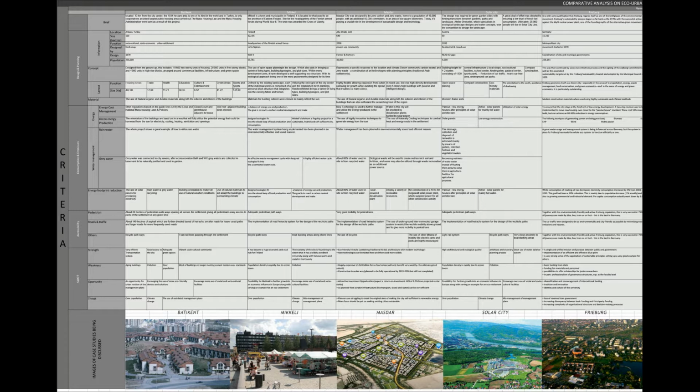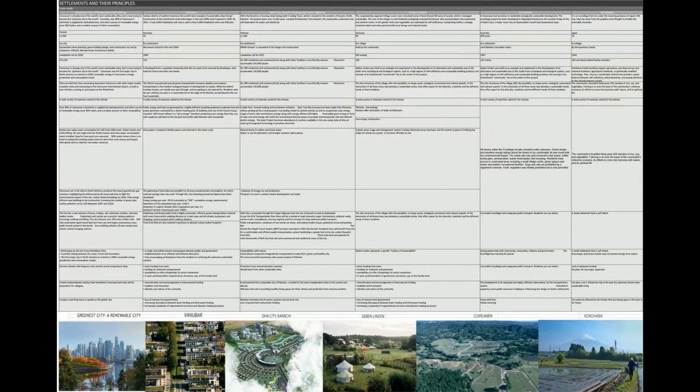The settlements that I looked at were Batikent in Turkey, Masdar, Solar City, Freiburg, Vancouver, THA City in Karachi, Pakistan, Lebanon in Germany, Kukuban in Australia, and finally Konohana in Japan.